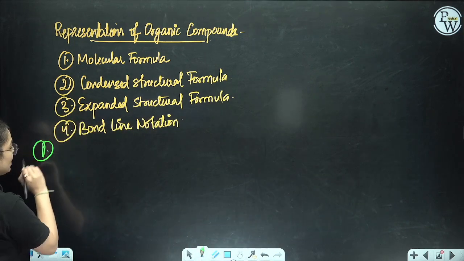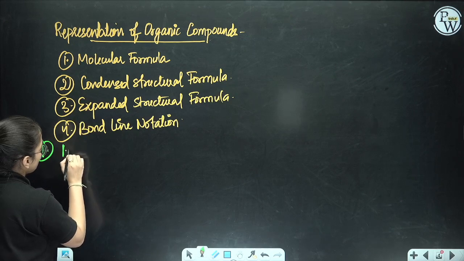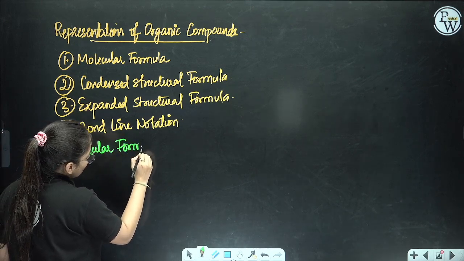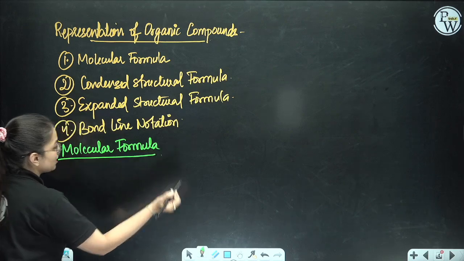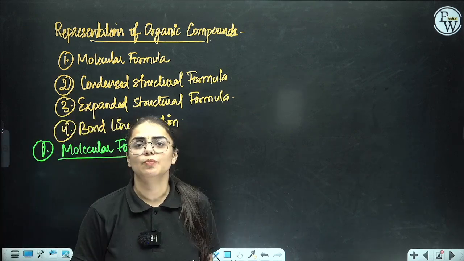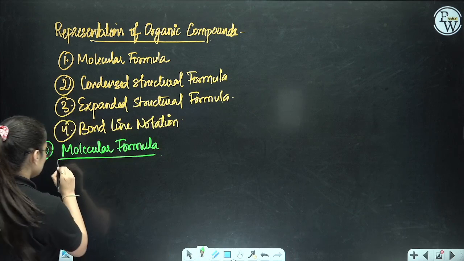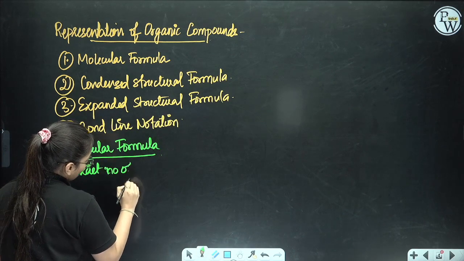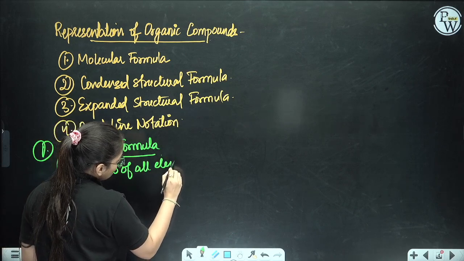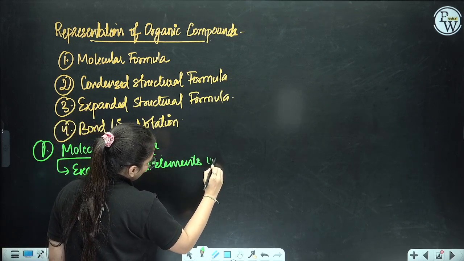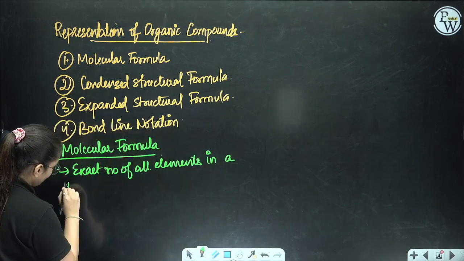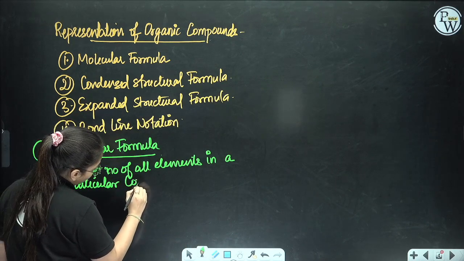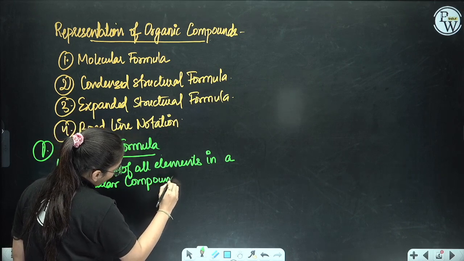If I talk about the very first one, this is basically your molecular formula. Now, what is a molecular formula? It is going to tell you the exact number of all the elements present in a certain compound. So this tells the exact number of all the elements in a particular compound.